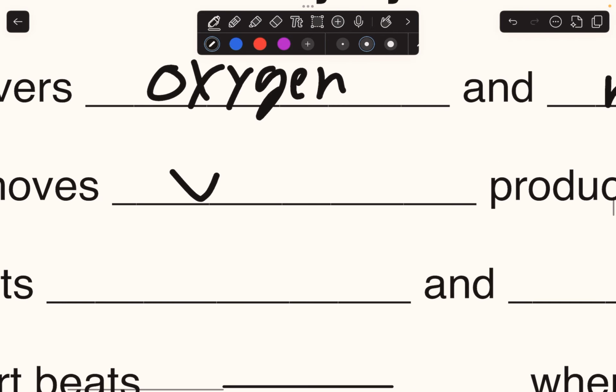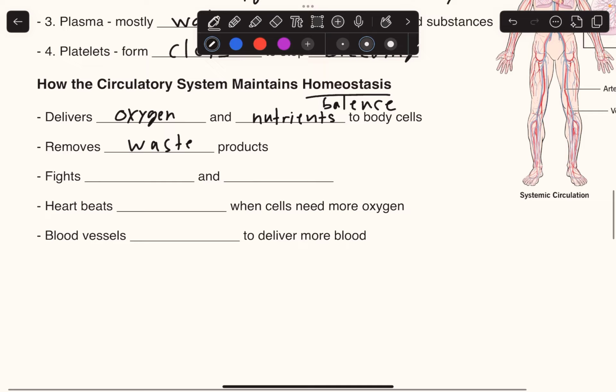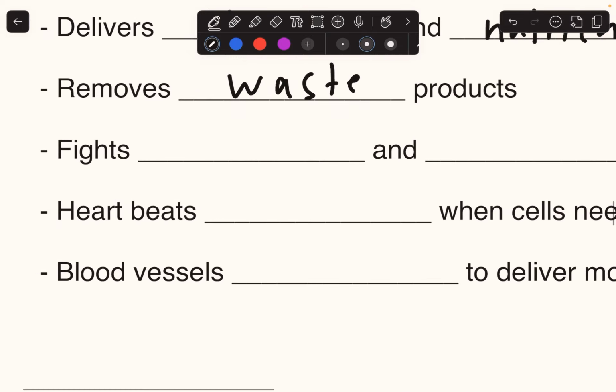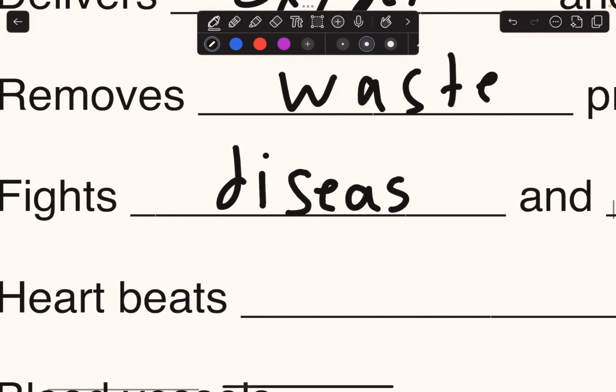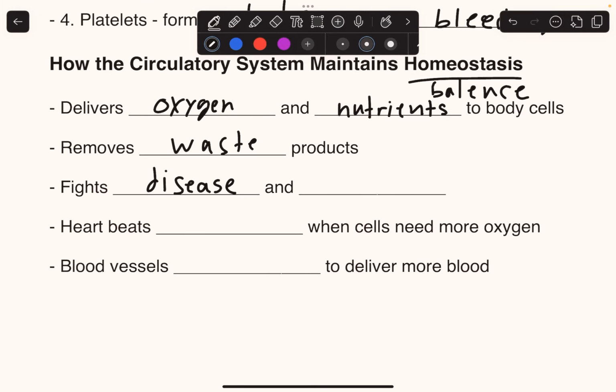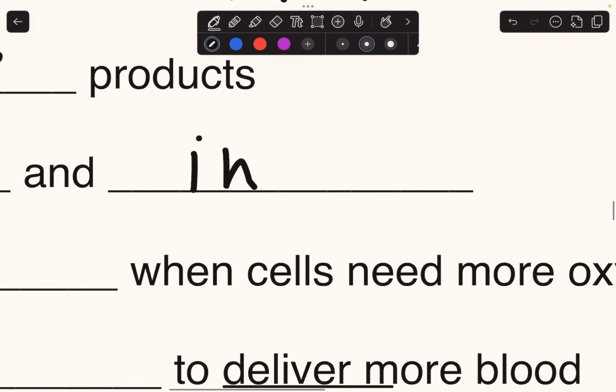It removes waste products to places where they need to be eliminated. It helps fight off diseases, going back to the white blood cells here, and injury.